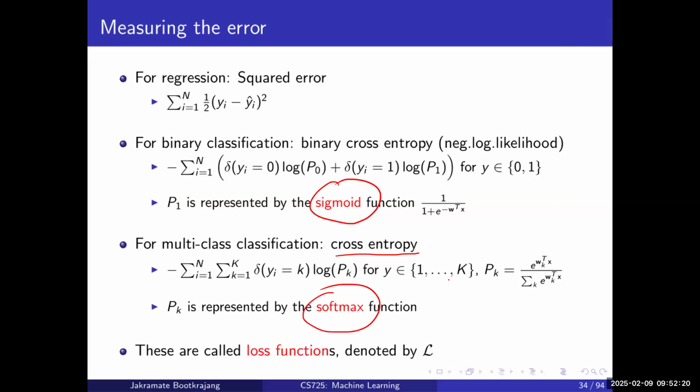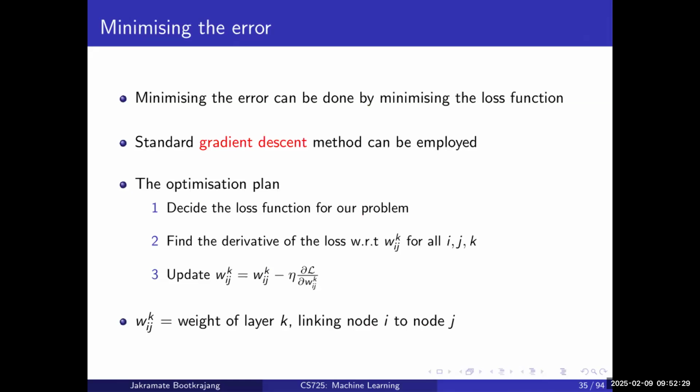And when you have the loss function, this is your objective function. To minimize error, you want to minimize the loss function. You want this loss function to be as low as possible. The ideal case would be 0. You want it to go down to 0.